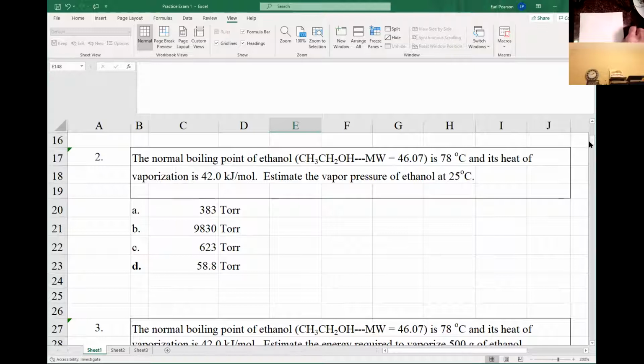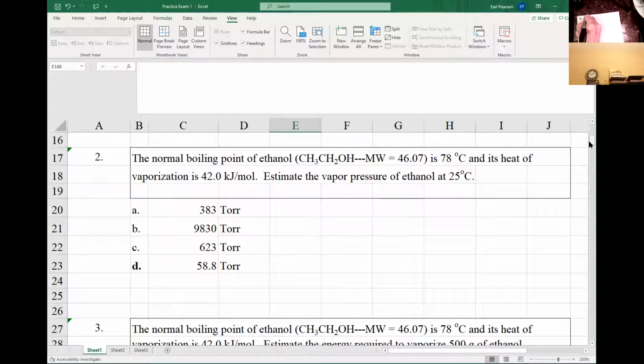Okay. The problem is: the normal boiling point of CH3CH2OH is 78 degrees Celsius and the heat of vaporization is 42 kilojoules per mole. Estimate the vapor pressure of ethanol at 25 degrees. Okay, so now this one is that relationship we had with vapor pressure, and you have to memorize these things.